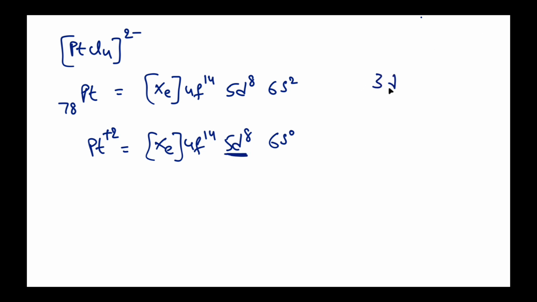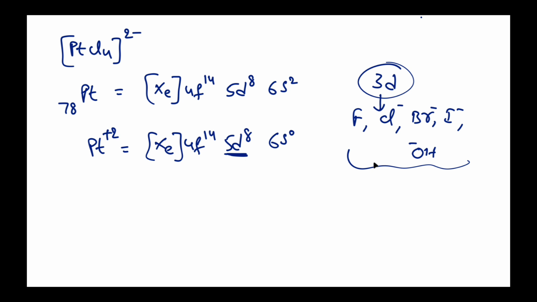Generally, if the metal belongs to the 3d series and is bonded with fluoride, chloride, bromide, iodide or OH- ions, electron pairing does not take place.